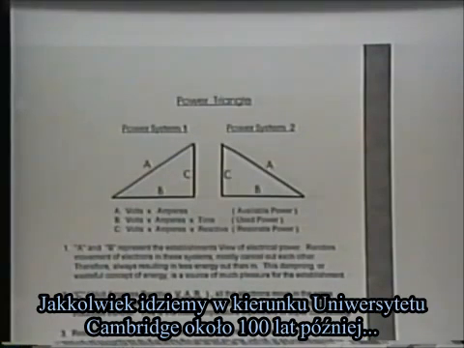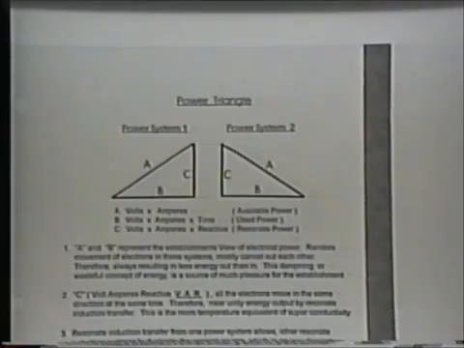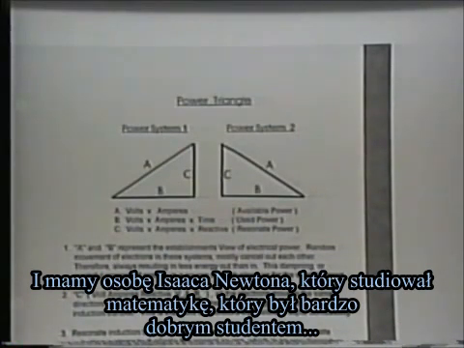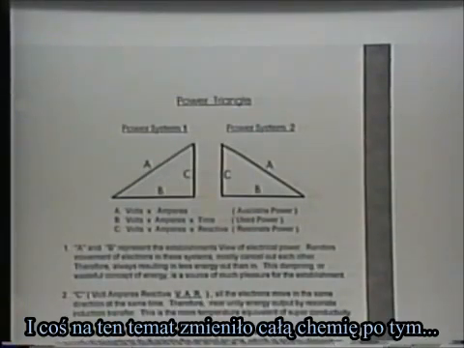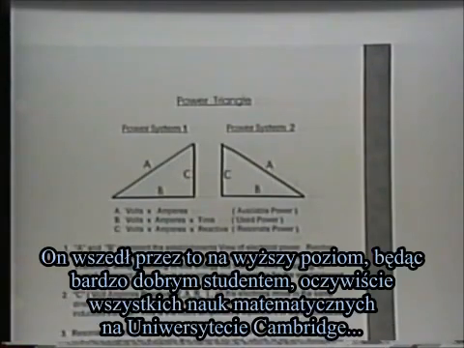But anyhow, we go along to Cambridge University about 100 or so years later, and we have a farm youth by the name of Isaac Newton, who's studying mathematics, who's not a very good student, and he gets in a fight one day with one of his friends, and something about his whole chemistry changed after that, and he became very competitive and a very good student.